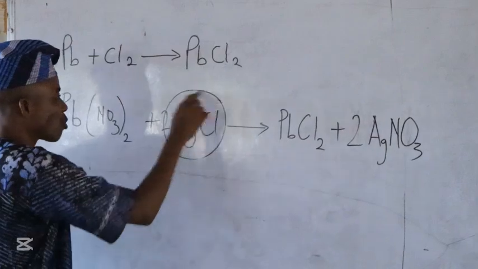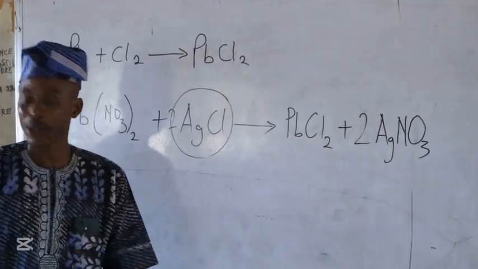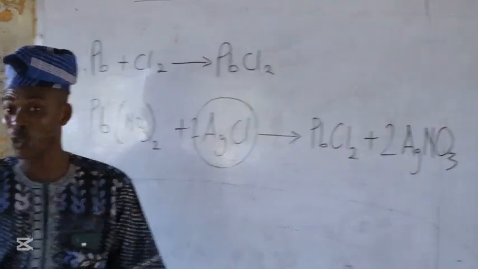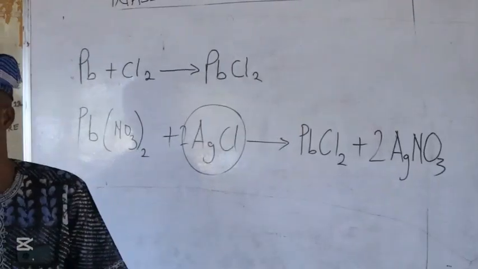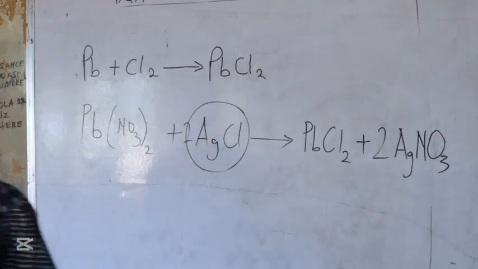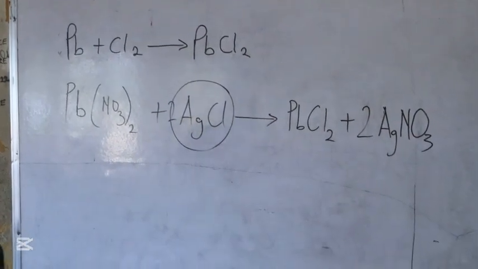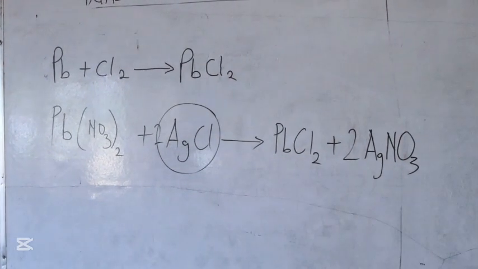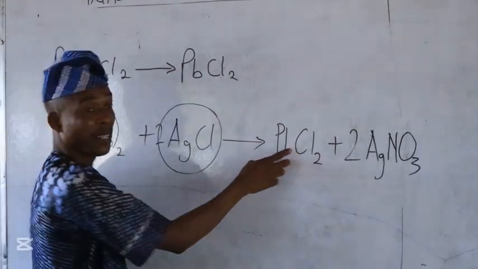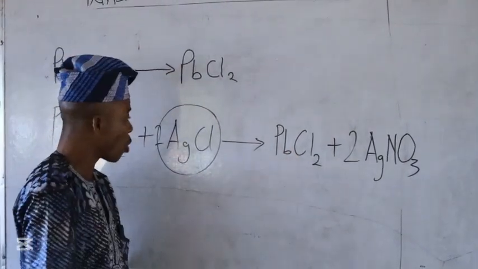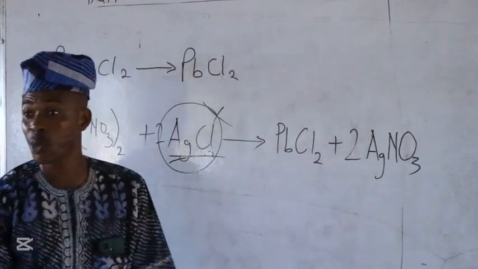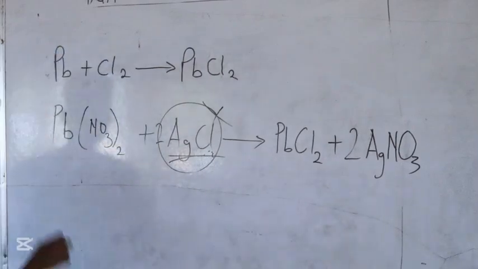What is wrong here is that you have used an insoluble chloride. You cannot use an insoluble chloride to produce an insoluble chloride. It has to be a soluble chloride. That means you can use either potassium chloride or sodium chloride. Do you get it? It looks as if you have prepared lead chloride here, but because of the insoluble salt you have used, your reaction is wrong.